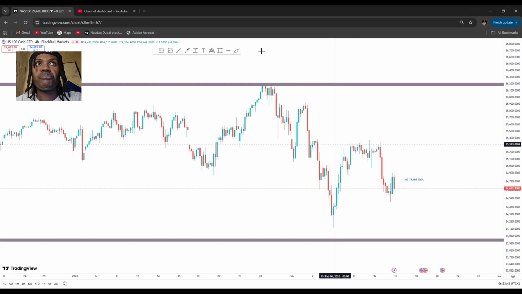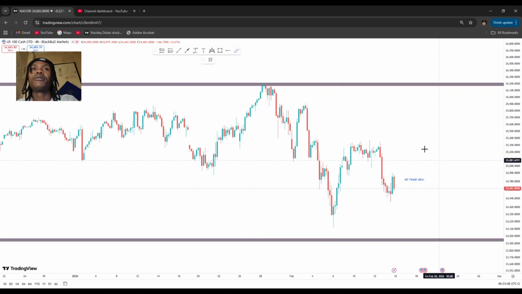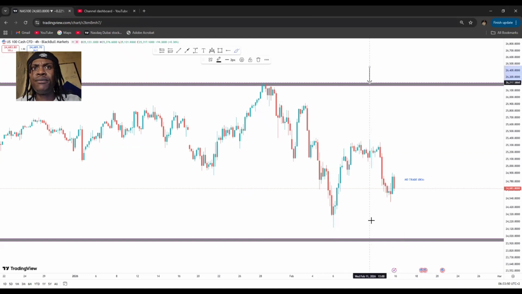So as you guys have already known, our overall focus is on Nasdaq. Price has highs and price has lows, obviously that's support and resistance. In simple terms, price is holding a range.